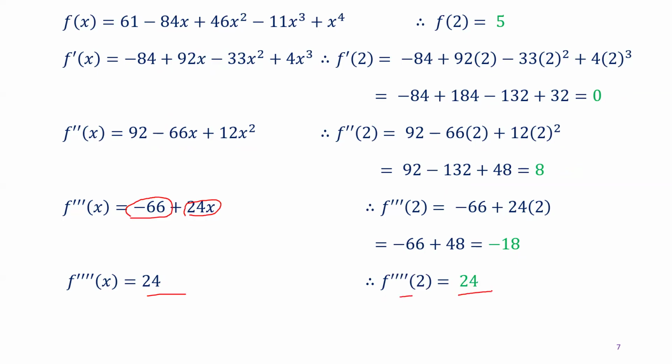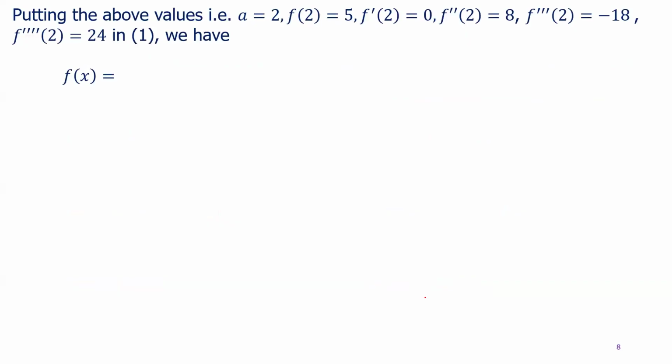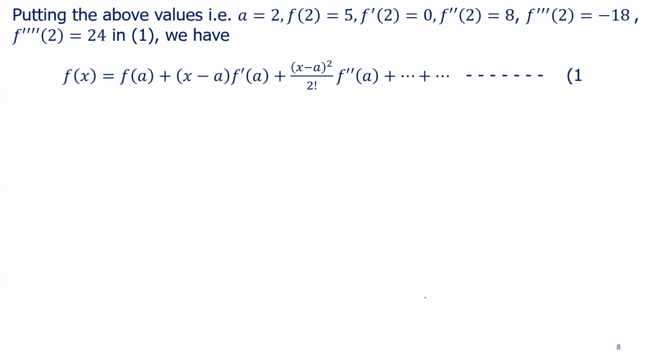Now, if we put all these values, f(2), f'(2), f''(2), f'''(2), f''''(2), in equation number 1, then f(x) equals f(a) plus (x - a) f'(a) plus (x - a) squared upon 2 factorial f''(a), and so on.